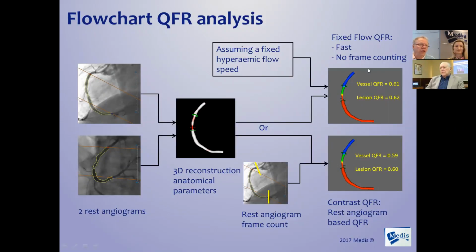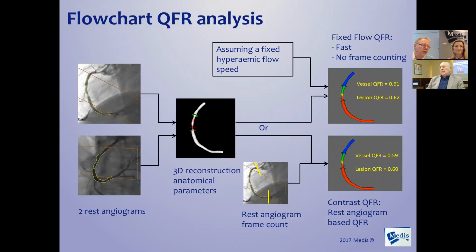And then you have the first estimation of the quantitative flow ratio only based on the 3D reconstruction and a fixed hyperemic flow assumption. If you want to make that one more accurate, then you can also calculate what the actual flow velocity is for that particular patient by indication of the frames in which the contrast is getting to the start position and to the end position of the part of the vessel that has been analyzed.